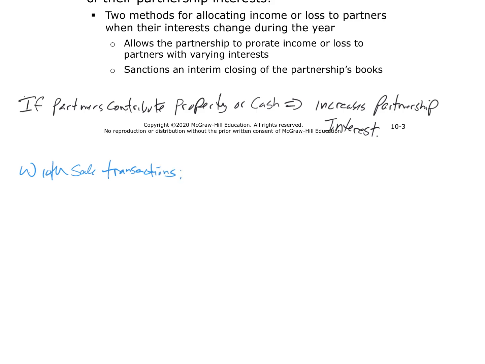So the new investor's outside basis will be equal to the cost.